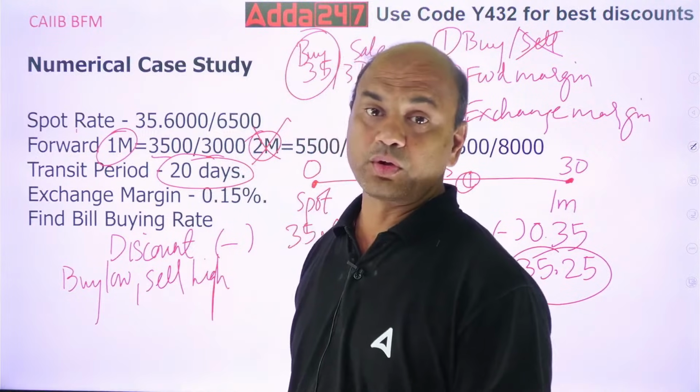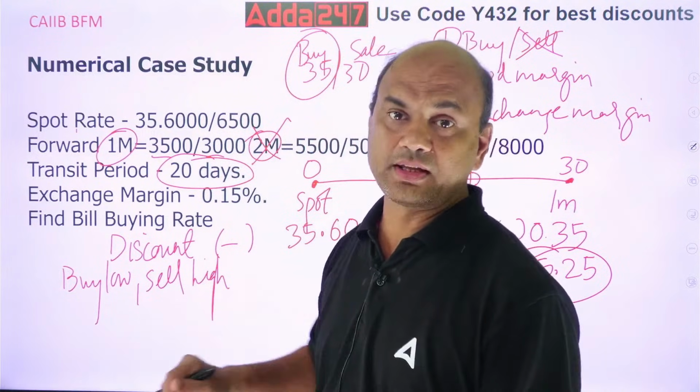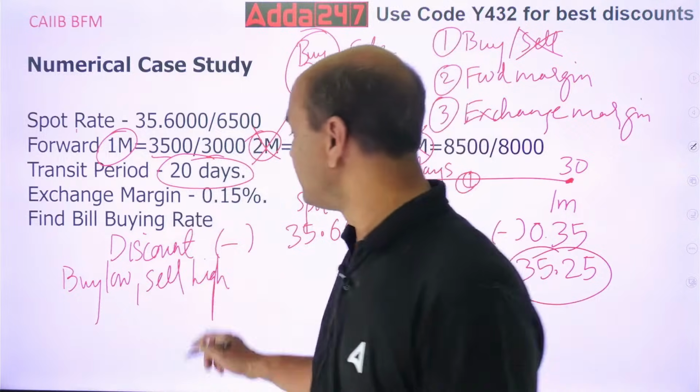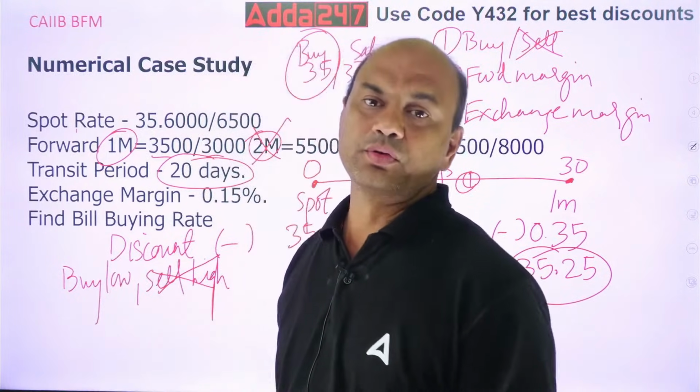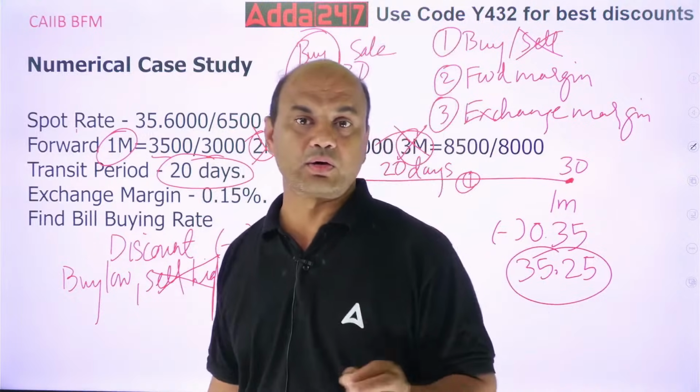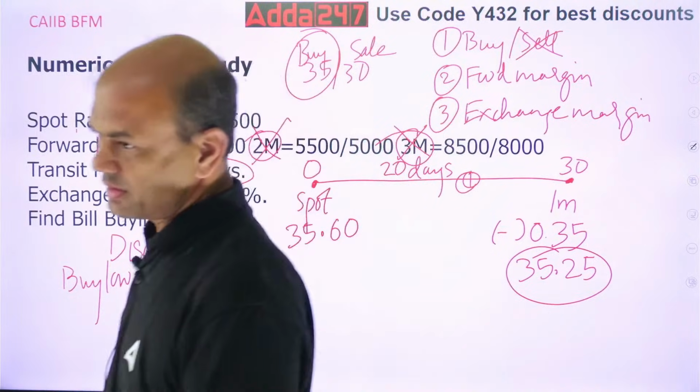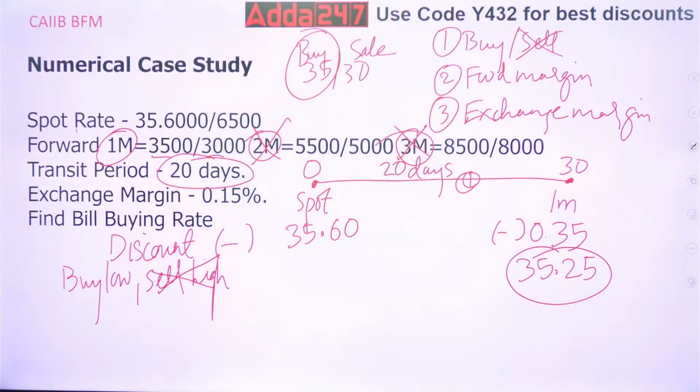So you are doing what now? Are you buying or selling? You are buying. So forget this sell high. You will only focus on buy low. You will focus on the lower rate now. Which is the lower rate over here? 35.60 or 35.25?